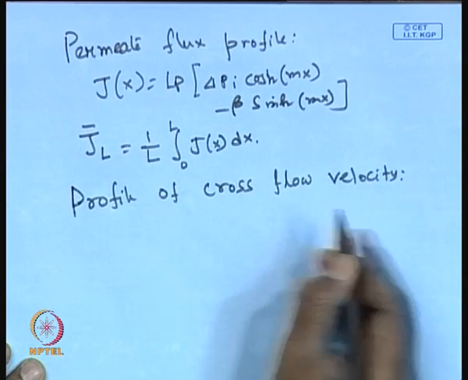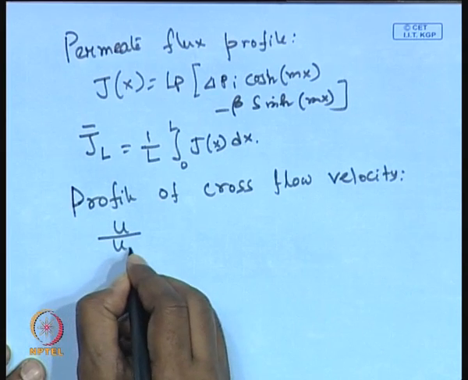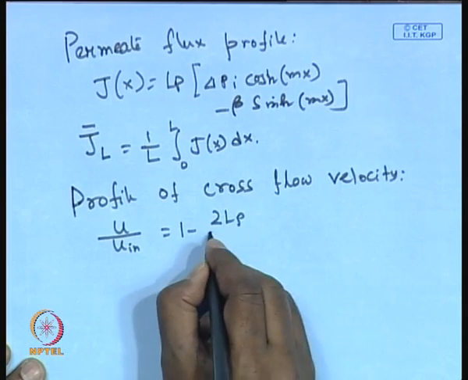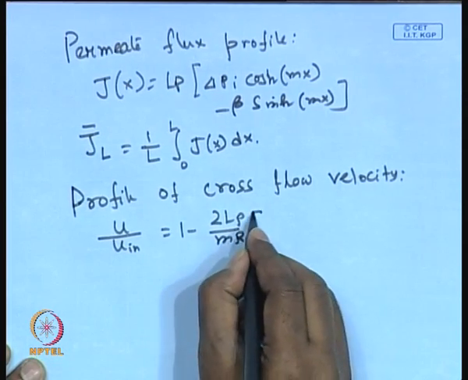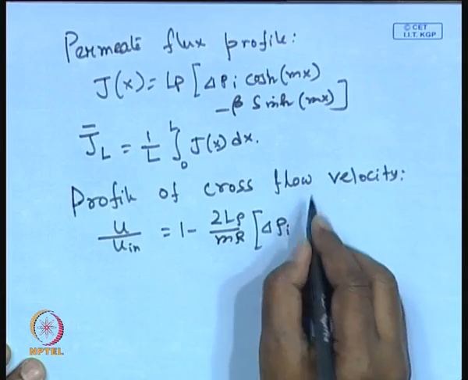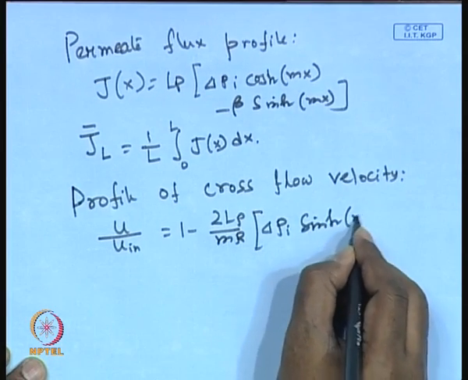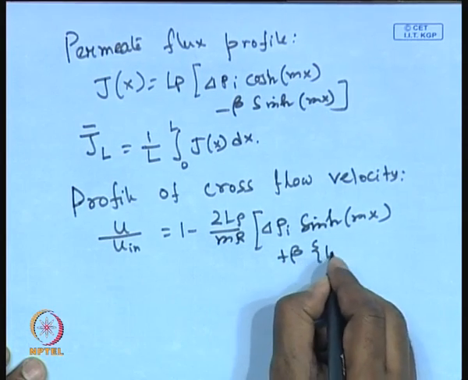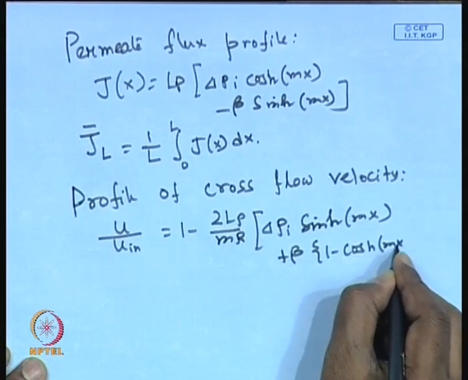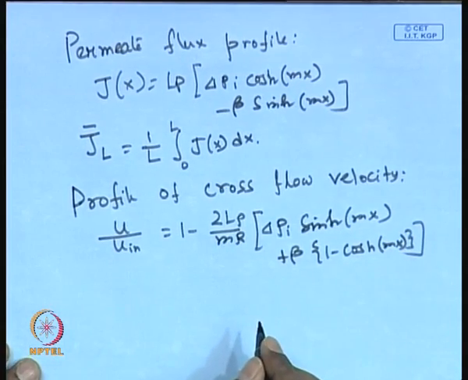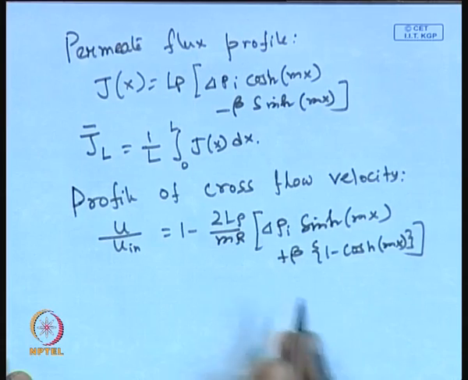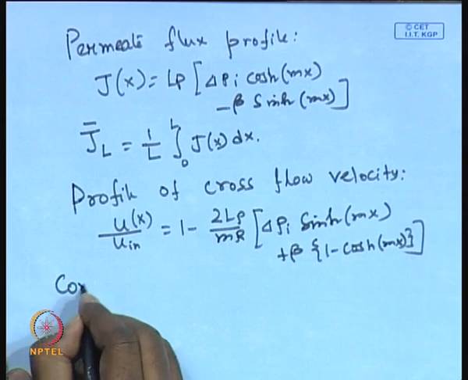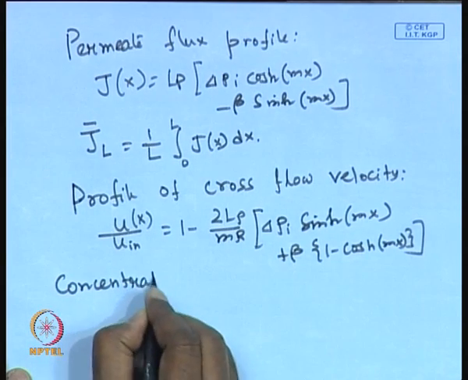I am just writing the final expression: U divided by U at inlet is nothing but 1 minus 2 Lp divided by m r times delta p in, times the bracket of sinh mx plus beta times 1 minus cosh mx. And one can get the velocity U at any location x, and one can get the concentration profile at any location of x.